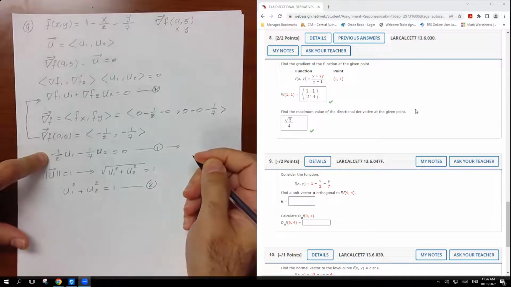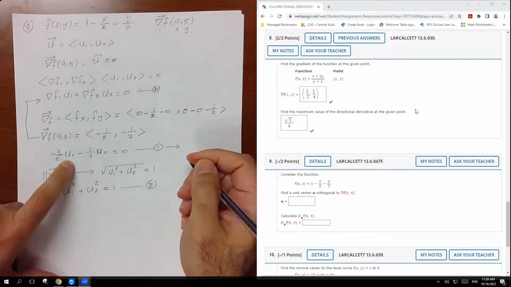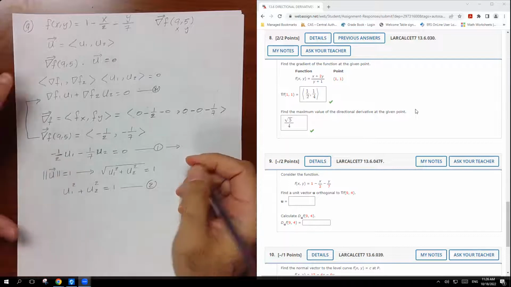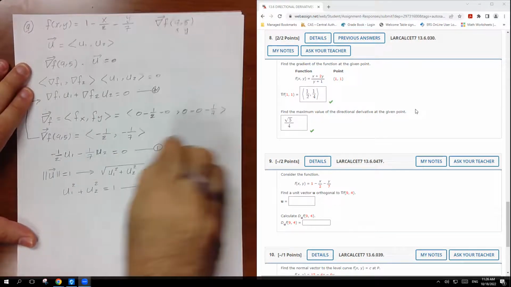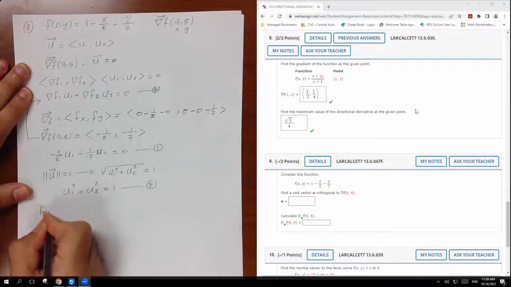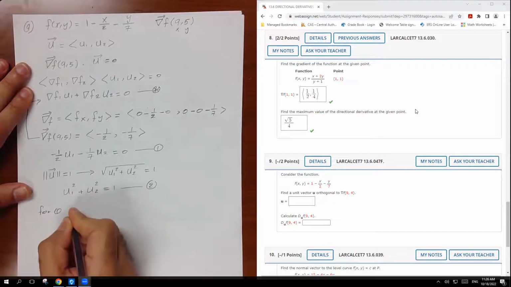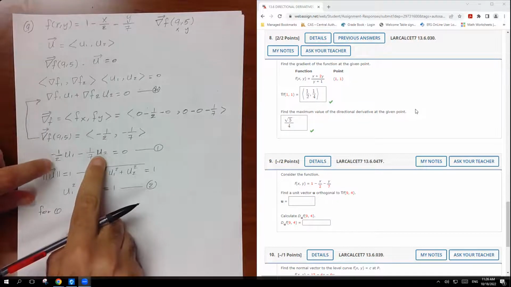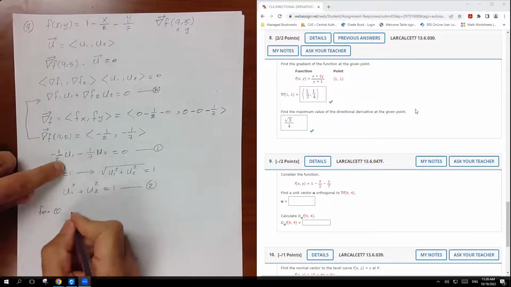From the first one, I'm going to solve for u1.